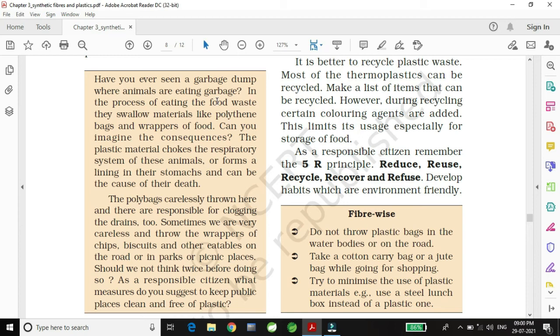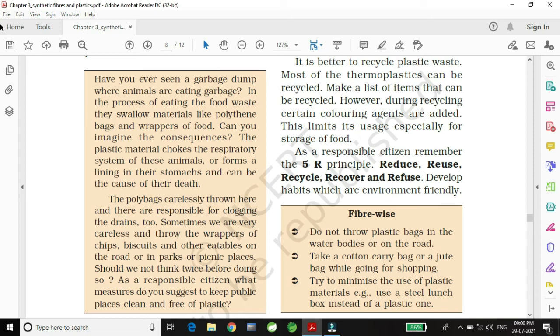So mostly if we see some animals like cows eating from the garbage, and the food is wrapped in plastic paper or in a plastic bag, they will mostly tear it and eat. But sometimes they can't tear the plastic bag, so along with that plastic bag they will chew the food and the plastic bag will go inside their stomach.